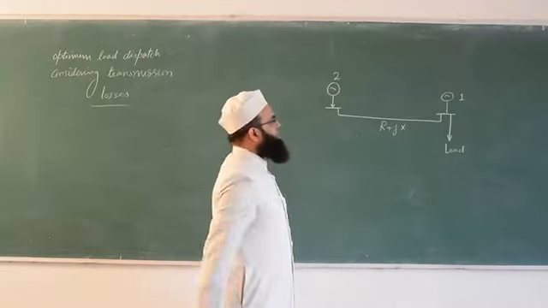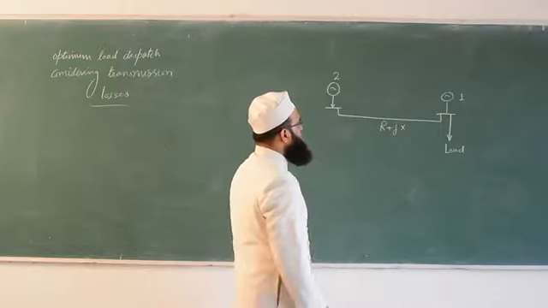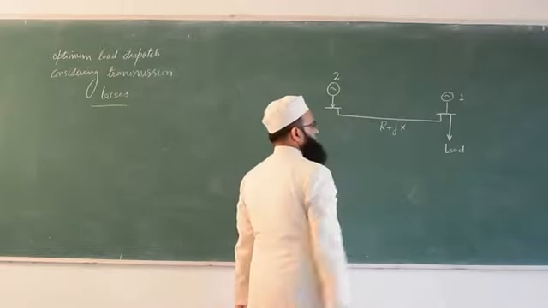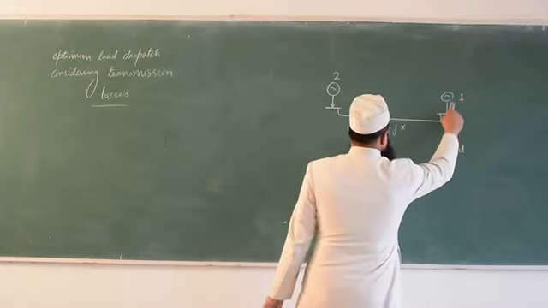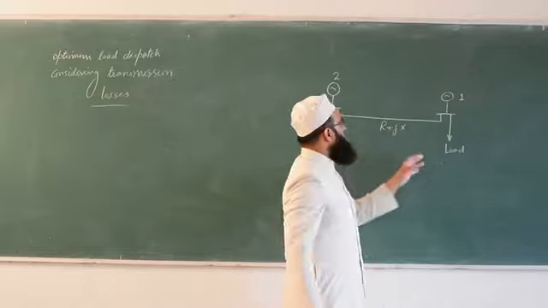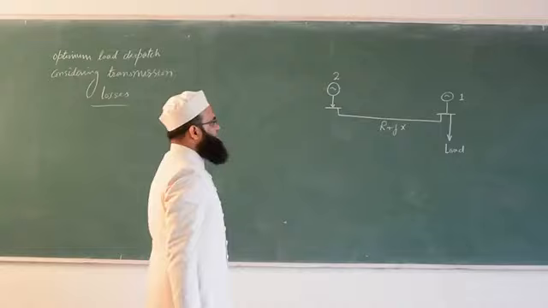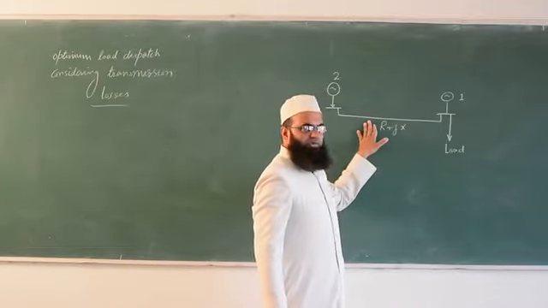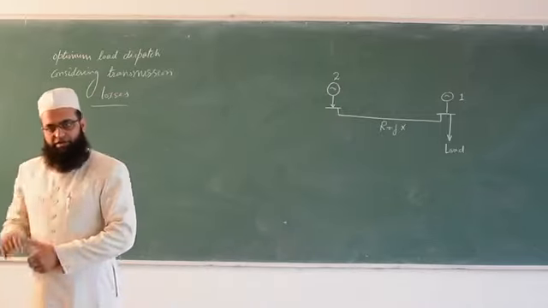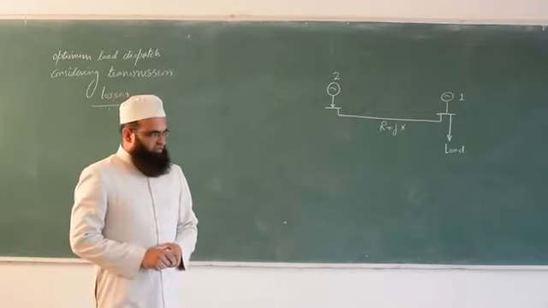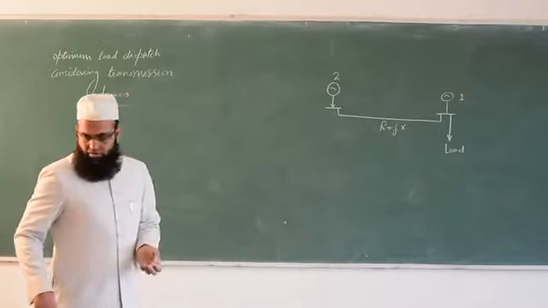So it is more economical to load unit 1 more than unit 2, although the IC curves of the two units are identical, for any load, because this time we are considering transmission losses also. So while considering transmission losses, the simple equal incremental cost criterion is no longer valid. So we have to consider this effect also.